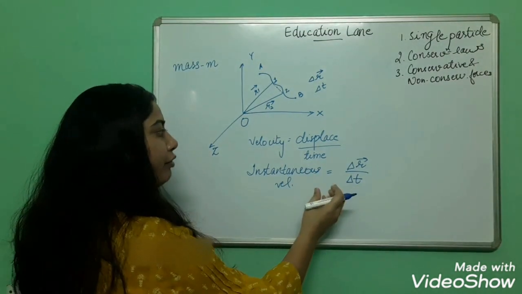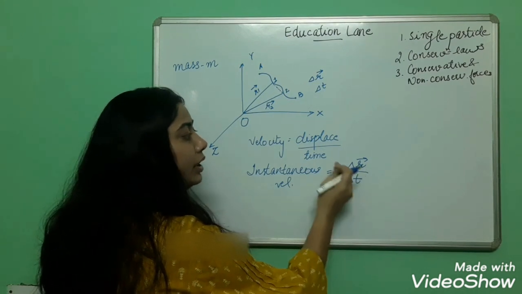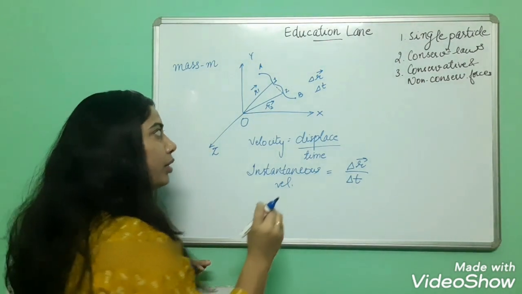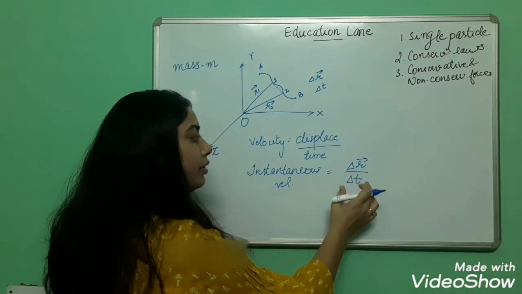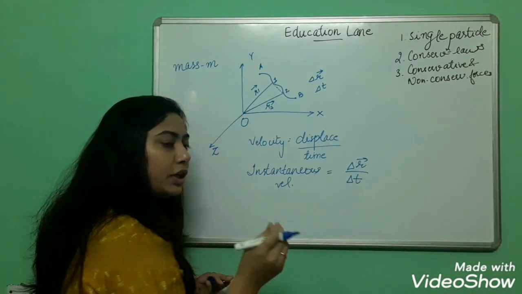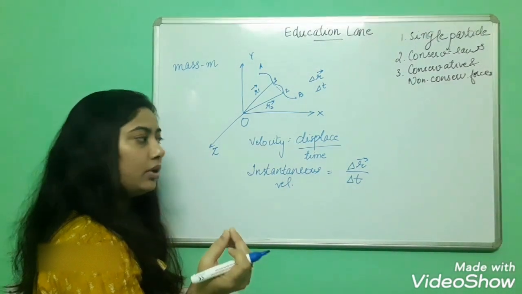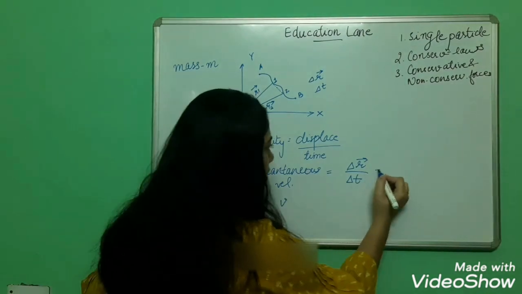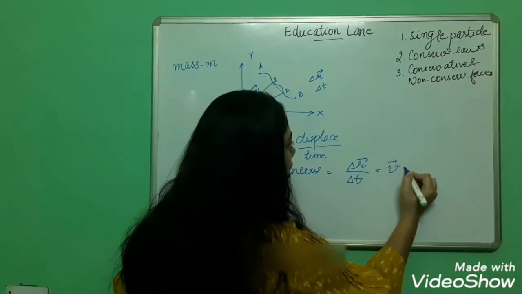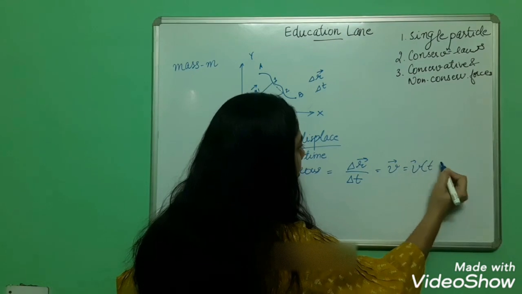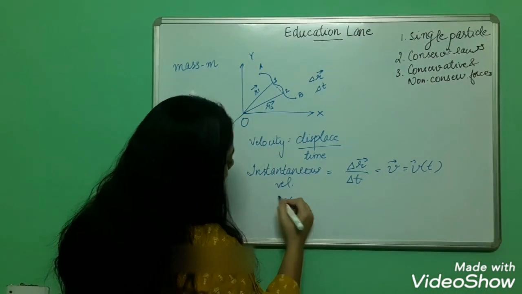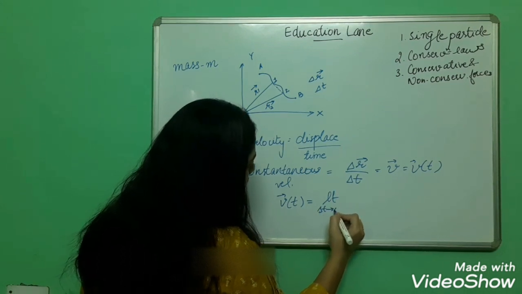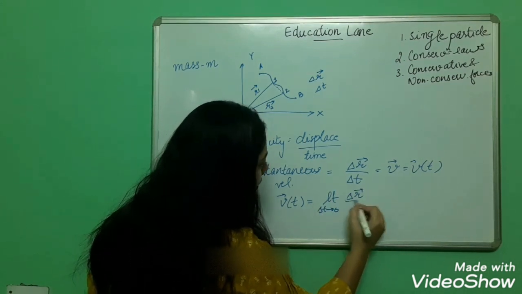Now if we want it in derivative form, del t tends to 0, because I am considering the instantaneous velocity for a small time del t tending to 0. So v at time t is equal to the limit del t tends to 0 of del r upon del t.